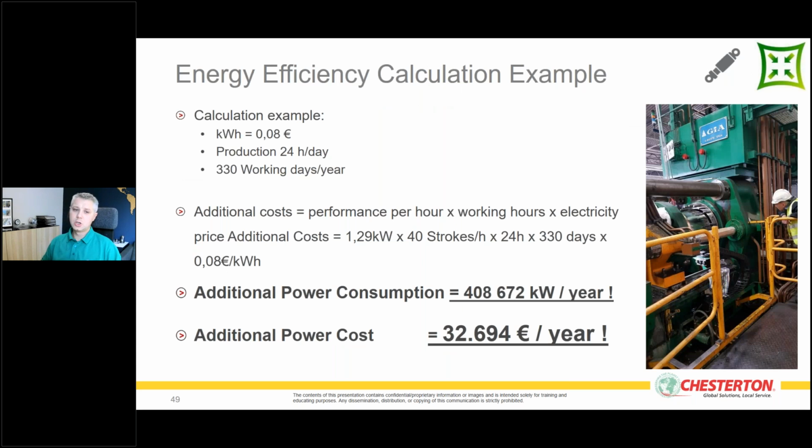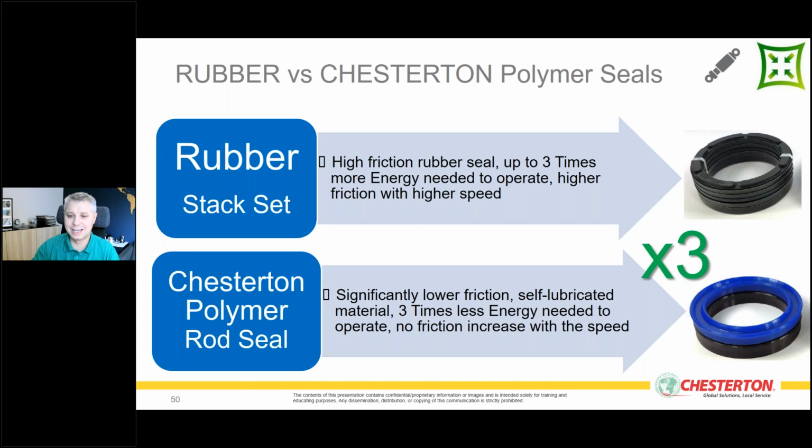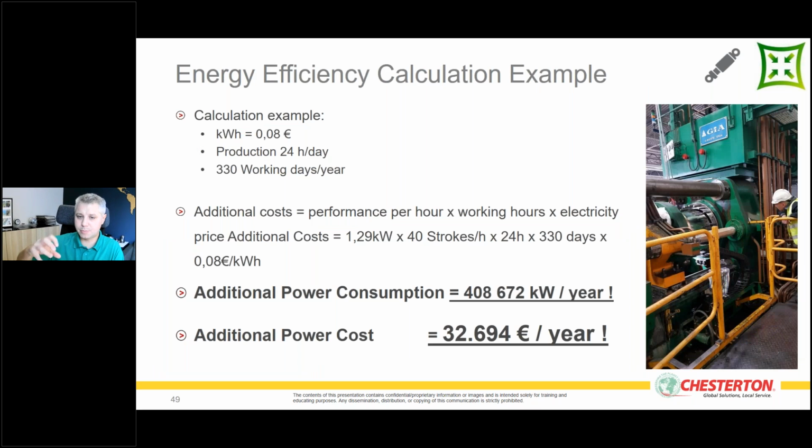Okay, here we see, calculating this formula, you will see that this press is using a 1.29 kilowatt difference when we change the seals per every stroke, with many strokes, like 40 strokes per hour, by 24-hour operation, and almost the whole year. This press is consuming, in addition, over 400,000 kilowatts per year if we are using a rubber seal.